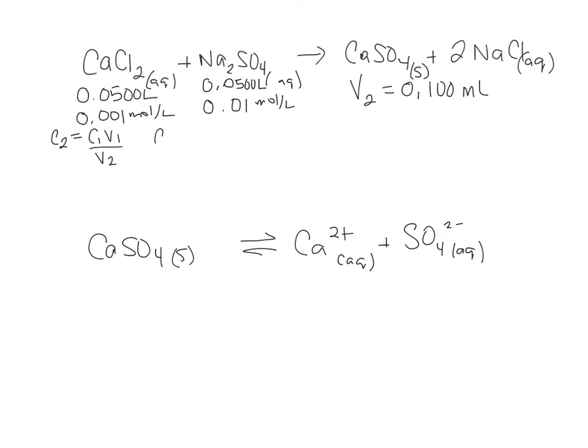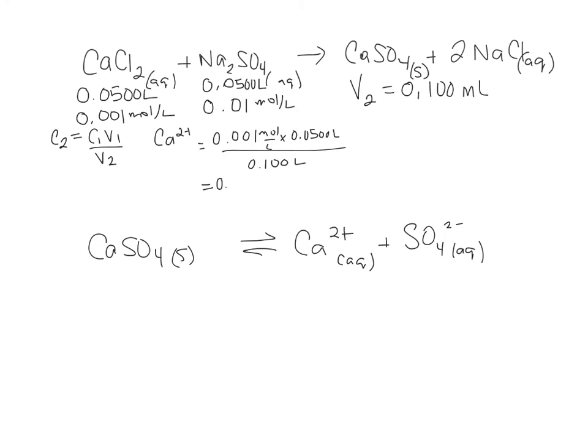So for calcium, it is going to be 0.001 times 0.05 divided by 0.1. And this would give us the concentration of calcium chloride.